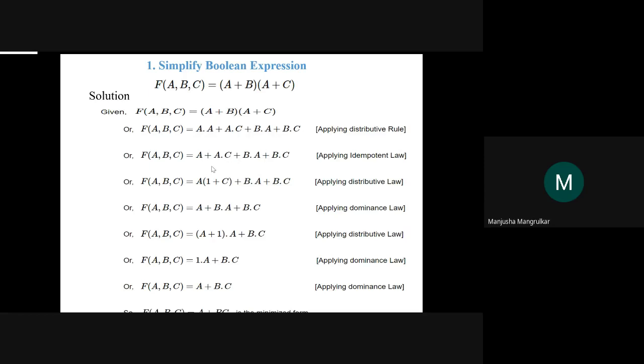It is the distribution law, used the same way: A and A, A and C, B and A, and B and C. A and A is A. Again A is common, so 1 plus C, 1 plus C is equal to 1. So it is a different method. Again A is common, so the B plus 1 is 1, so 1 BC, so A plus A or B and C.